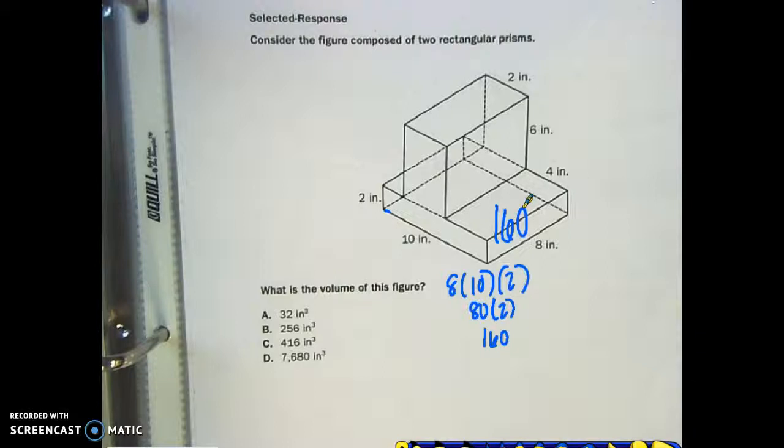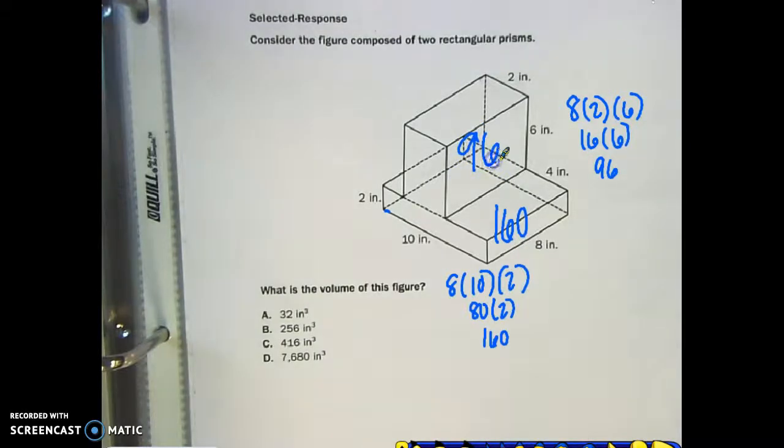Now I need the top rectangle. The base is 8 times 2, and the height of the prism is 6. 8 times 2 is 16. 16 times 6 is 96.